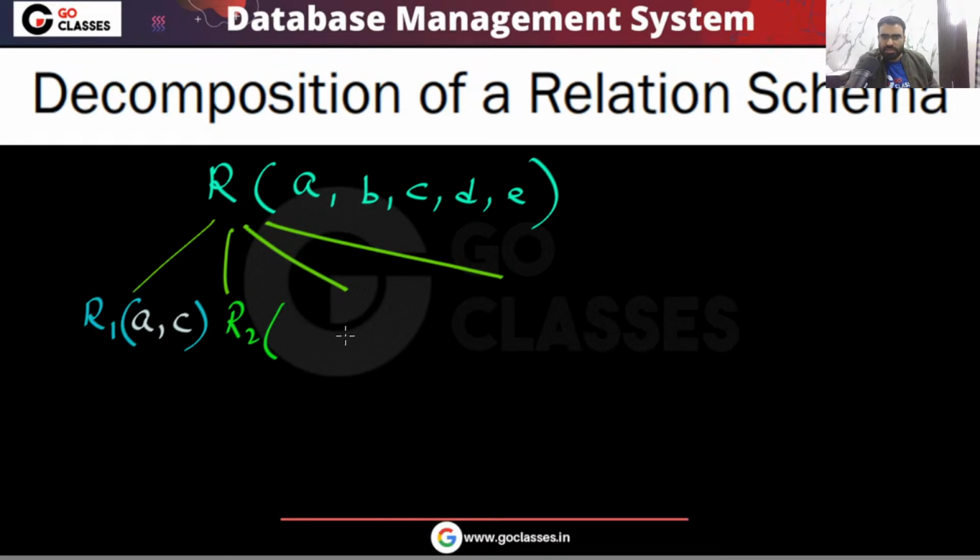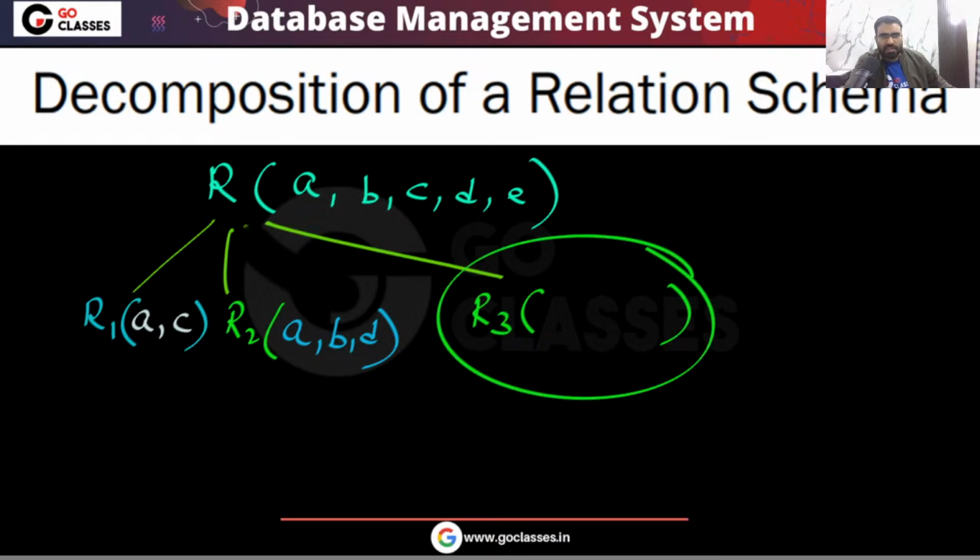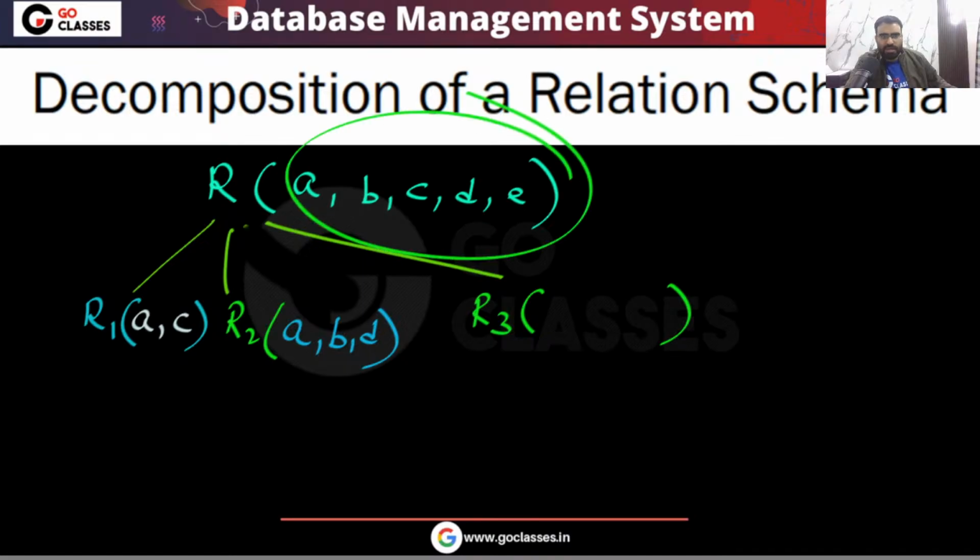The table R2 schema will also be a subset of the schema of R. Let's assume we have attributes ACD, or ABD. And we have R3. This is also a sub-relation of R. The attributes in R3 will be a subset of the attributes of R. For example, let's assume we have B, D, E.